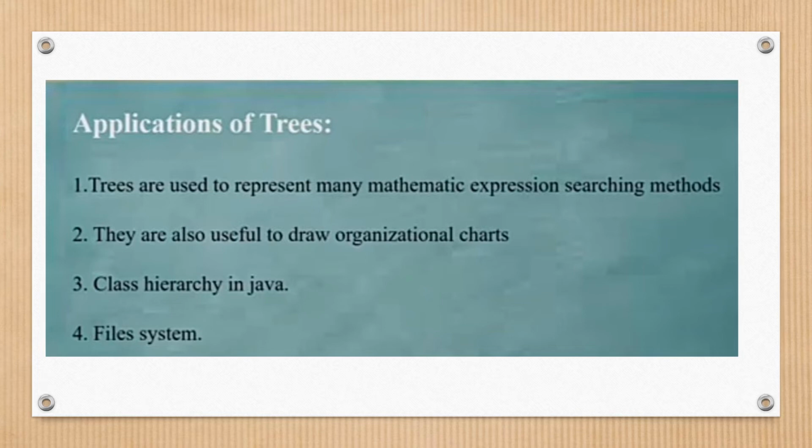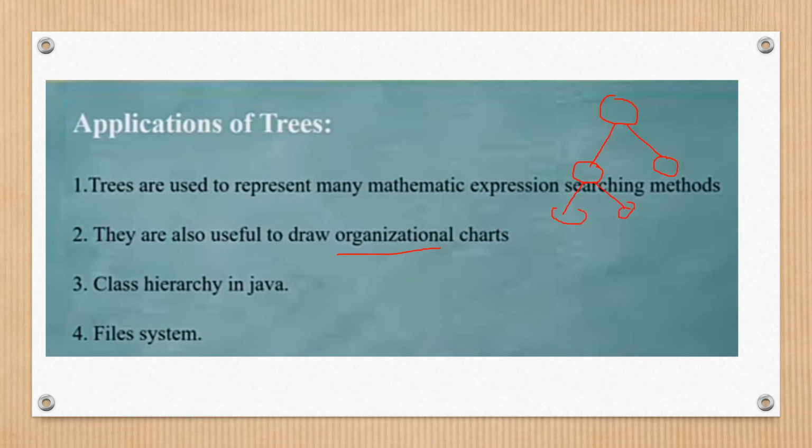They are also useful to draw an organizational chart. Organizational means, for example, if there is a management, for management there are a number of manager levels. For manager levels, there are a number of employees.